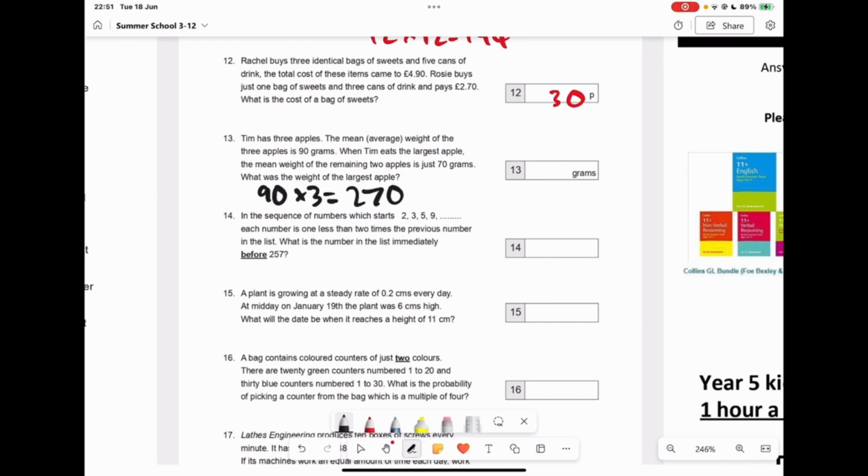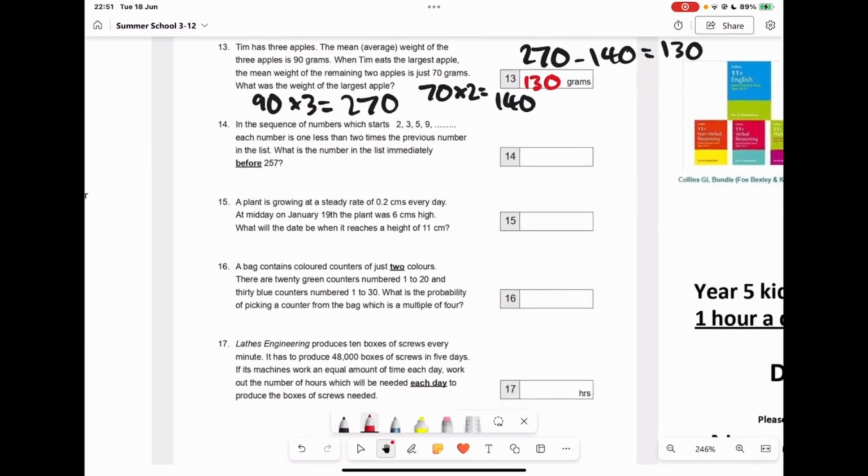So the mean weight of the remaining was 70, so that was 140, because 70 times 2 equals 140. Then you do 270 minus 140, and that is equal to 130. So the answer is 130 grams.